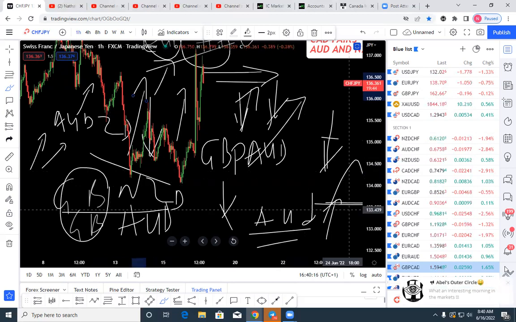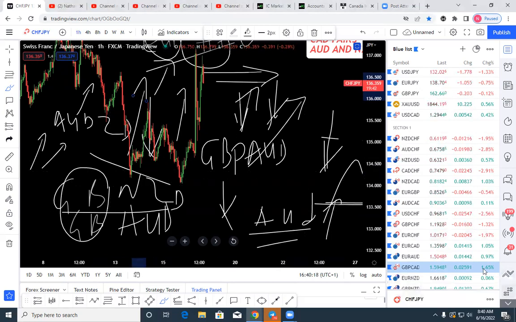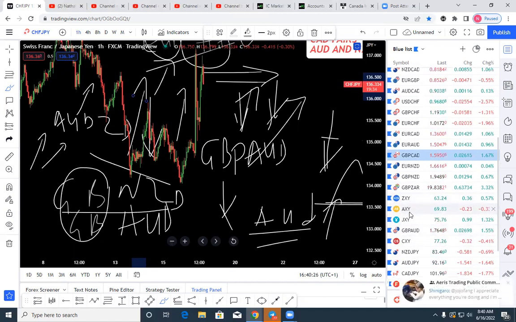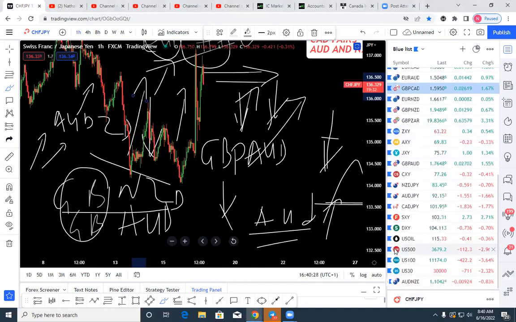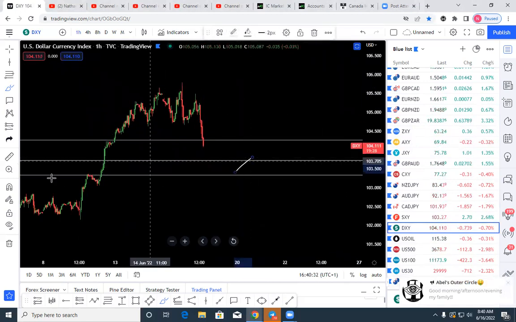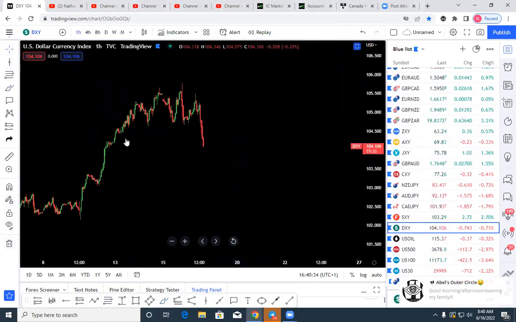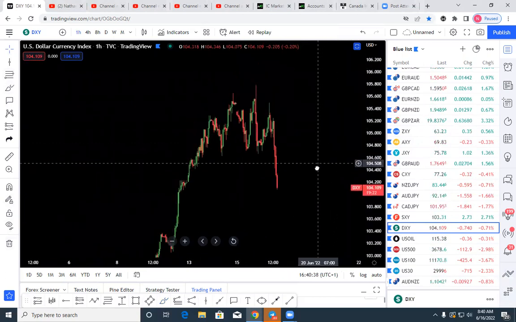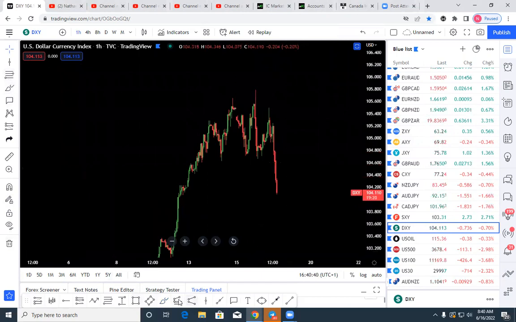But the father of them all is DXY. This DXY is what is going to determine how fast all the moves will happen across board. DXY is going to decide how the move is going to happen across board. Do you see that in this DXY you are having a consolidation here?